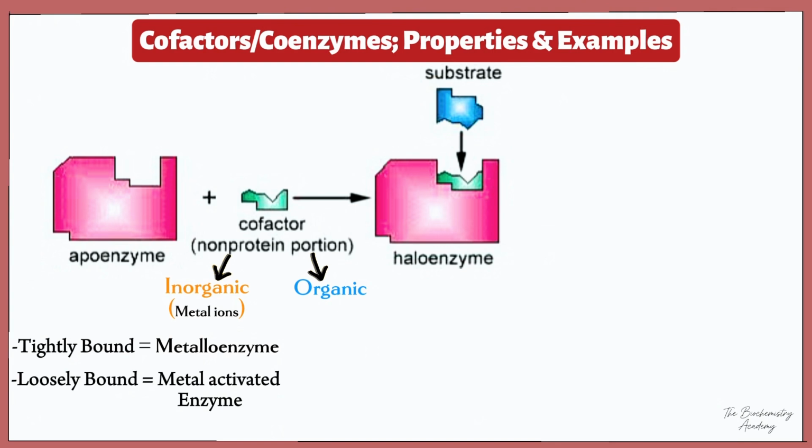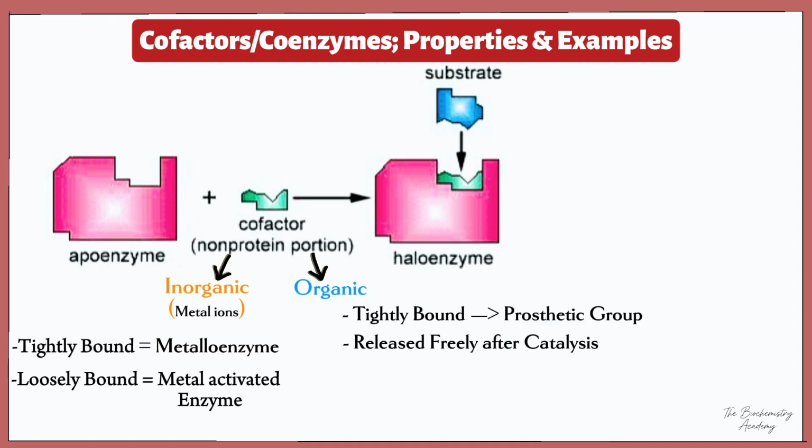Next, the organic cofactor can be tightly bound with the enzyme or released freely after the reaction is complete. If it is tightly bound, it is called a prosthetic group, whereas the organic cofactor that is released after the catalysis is called a coenzyme.